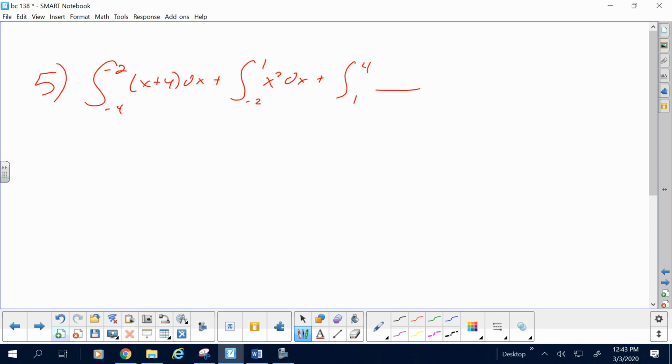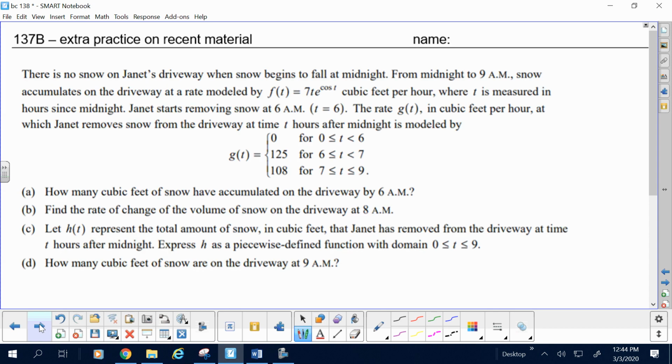All right, so 137 is done, and now we're on to 137B. How did the Janet's driveway problem go? A was probably pretty straightforward. Did you get A is 142-ish? Should I round? No. 142.746 cubic feet.